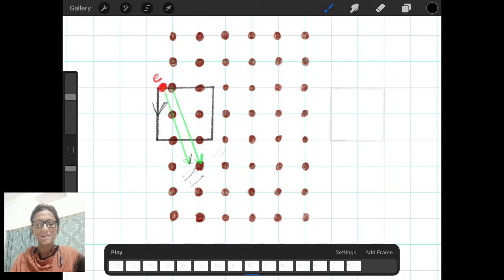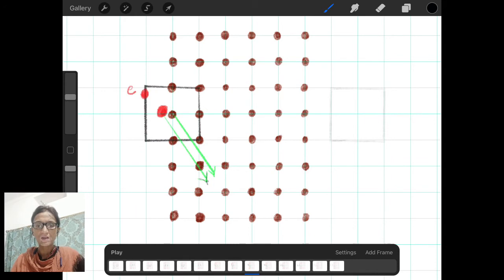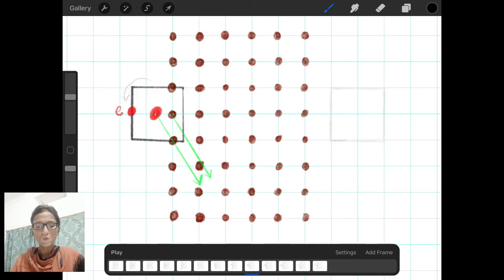As the magnetic field is decreasing here, flux is decreasing. So a current, eddy current, will be induced so that it will try to strengthen the decreasing magnetic field, decreasing magnetic flux. Here you can see that field lines are in the same direction, just strengthening the pre-existing magnetic field which is reducing in magnitude.